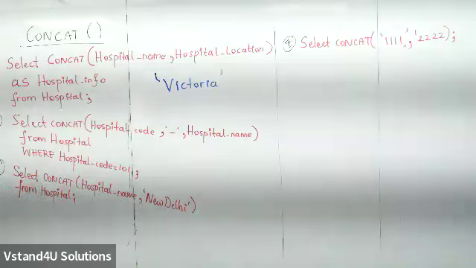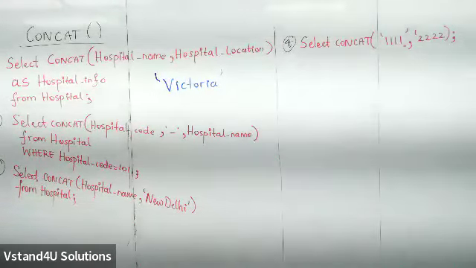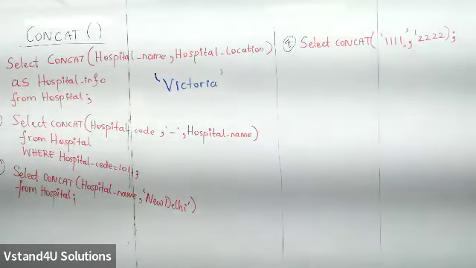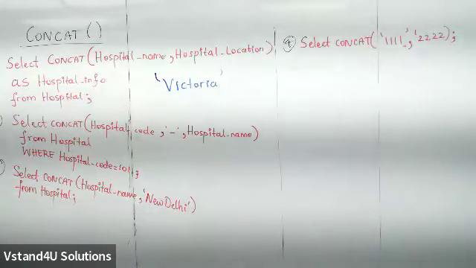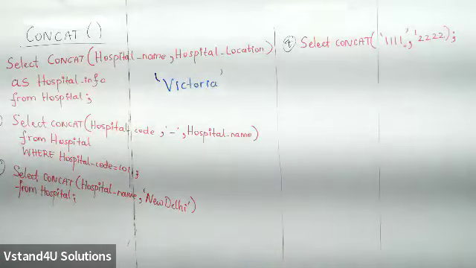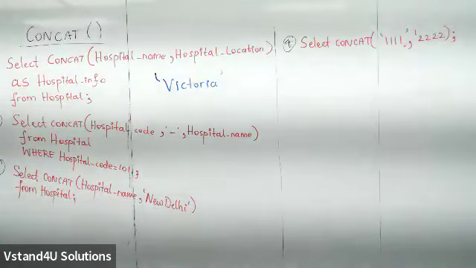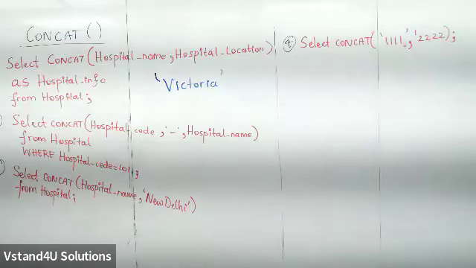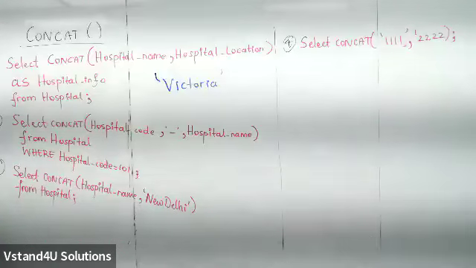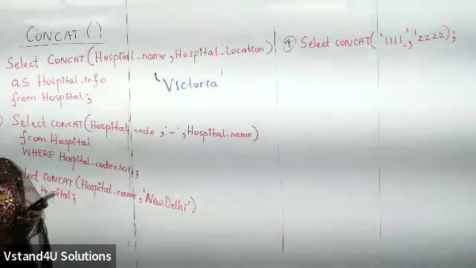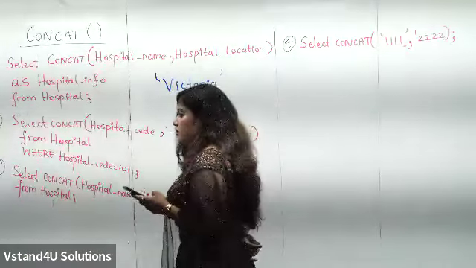Write a query to display all the passenger names in uppercase and their respective ticket number in lowercase from passenger details table.